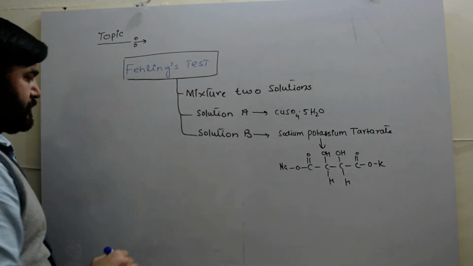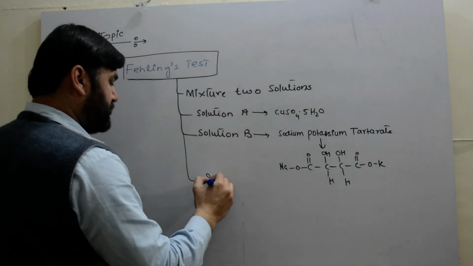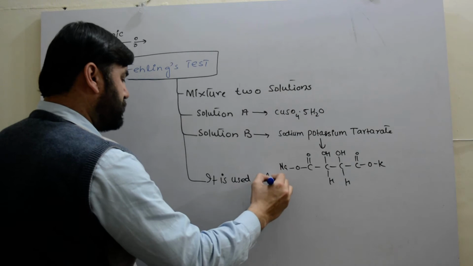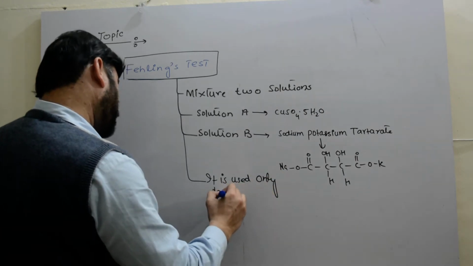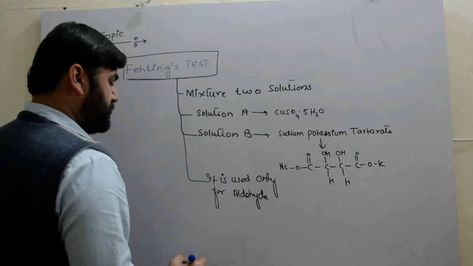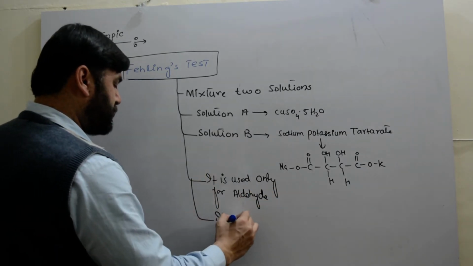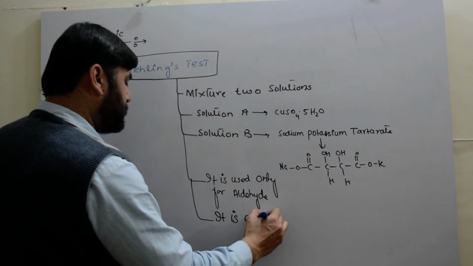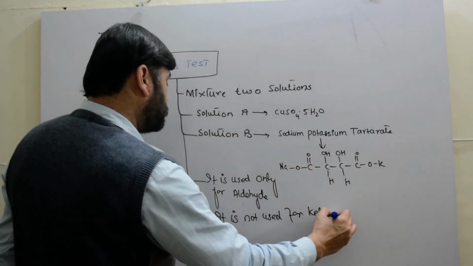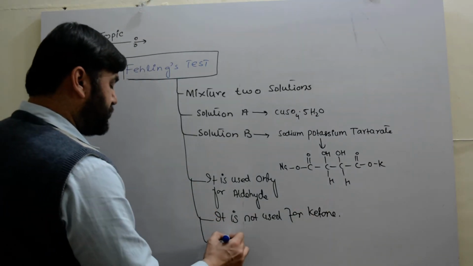So what is the most important thing about this test? It is used only for aldehyde. It means it is not used for ketone. It is a mild oxidizing agent.